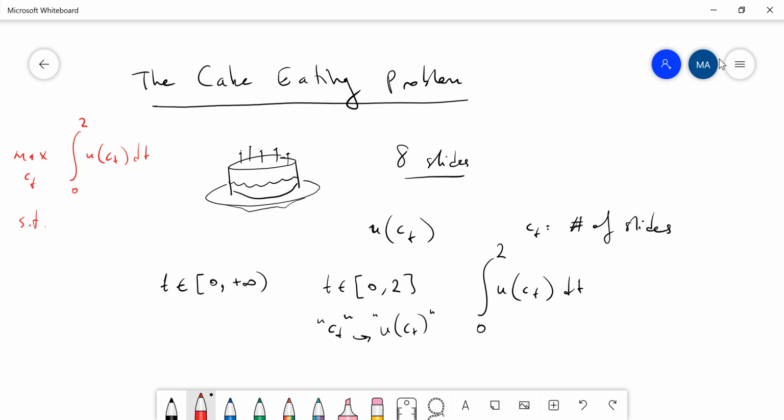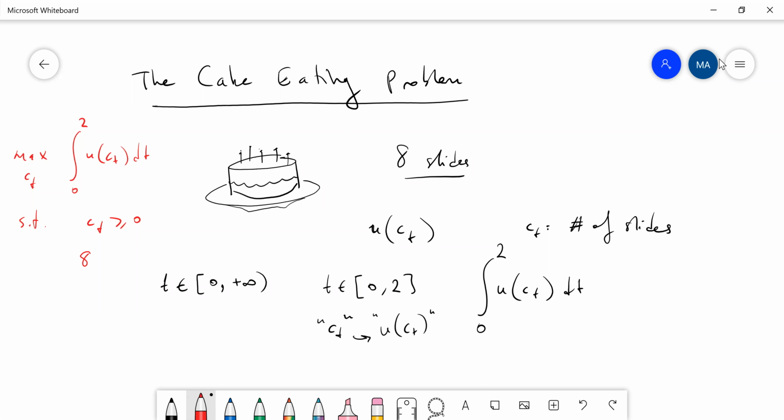Now let's imagine the constraints here. First of all, consumption cannot be negative, so you have the familiar non-negativity constraint, right? But then you must have some other constraint, right? First of all, you have 8 slices. Now, how do you write a constraint that adequately describes this story?